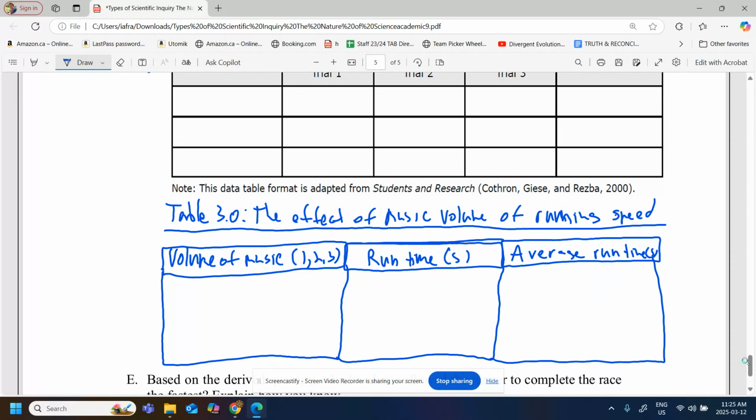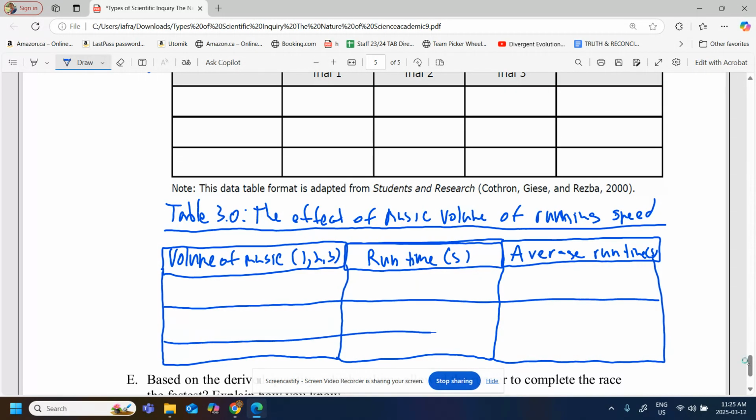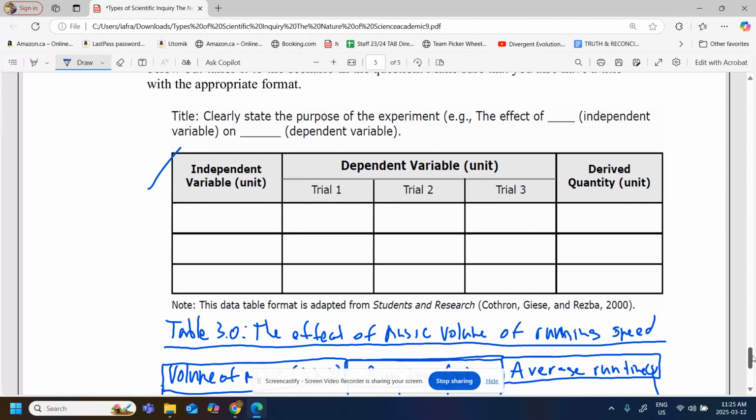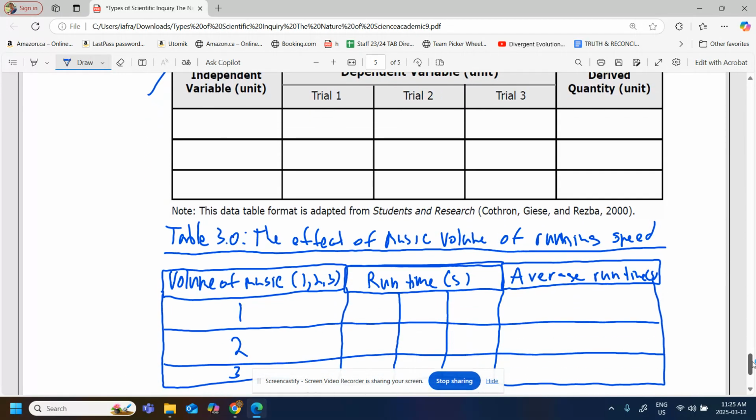We basically had 3 volumes. We had volumes 1, 2, and 3, with 3 being the loudest, and we had 3 trials. I should have made a bit of space here. Let's do run time in seconds.